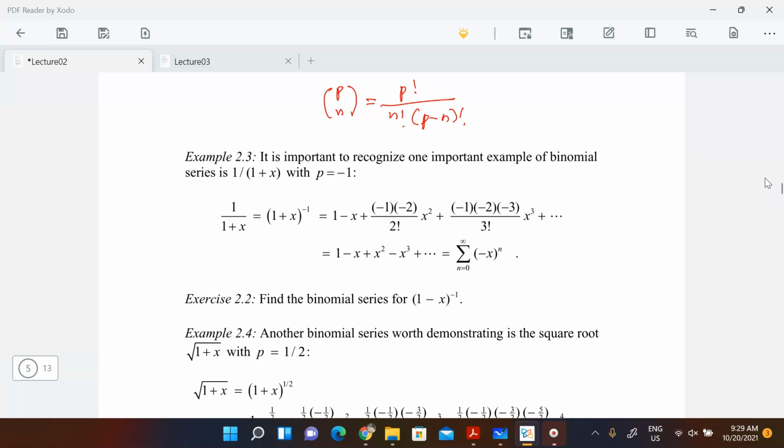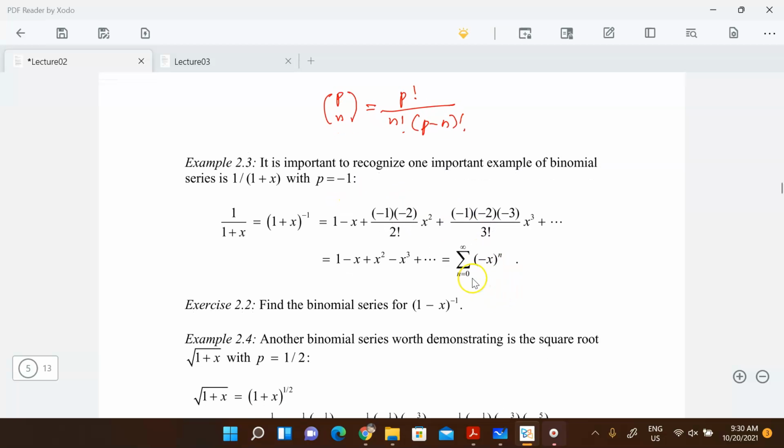So anyway, in other words, this idea of binomial expansion can also apply to numbers which are negative integers. Maybe you can check for the case of minus 2 if you want.